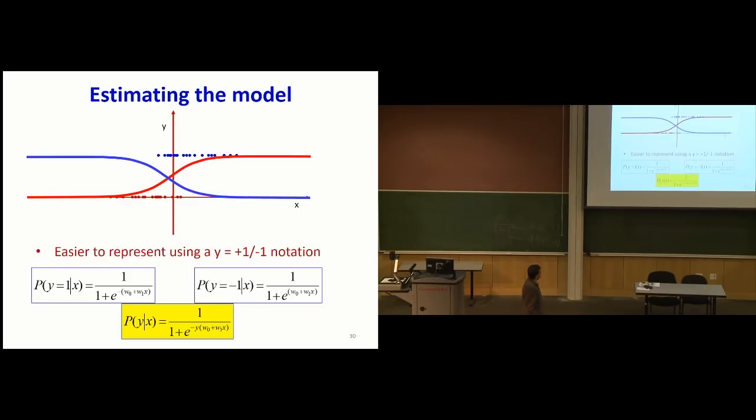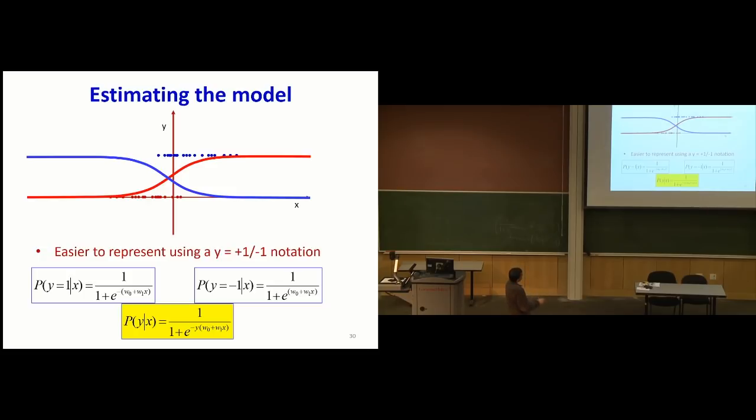So it's going to be something that goes that way. That's this blue curve. The probability of y equals 1 given x is the red curve. The probability of y equals 0 given x is going to be this blue curve, except that for the purpose of estimation, I'm going to change my notation and use plus 1, minus 1 notation. So y either takes the value of plus 1 or minus 1. The red curve is the probability of y taking the value plus 1 given x.